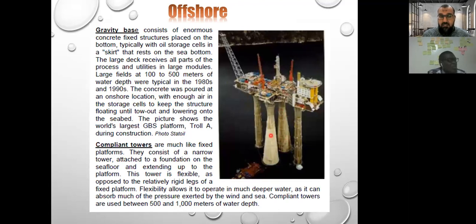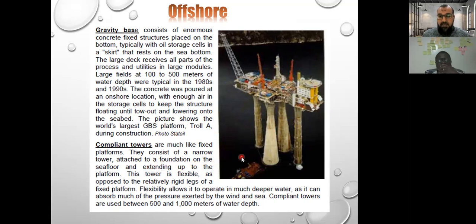This is mainly a fixed structure platform. It is fixed, and the end of the storage has the shape of a skirt, as you see here, which rests on the bottom of the sea. This is actually not in the shallow water. It's more deeper. It can reach 500-meter depth.